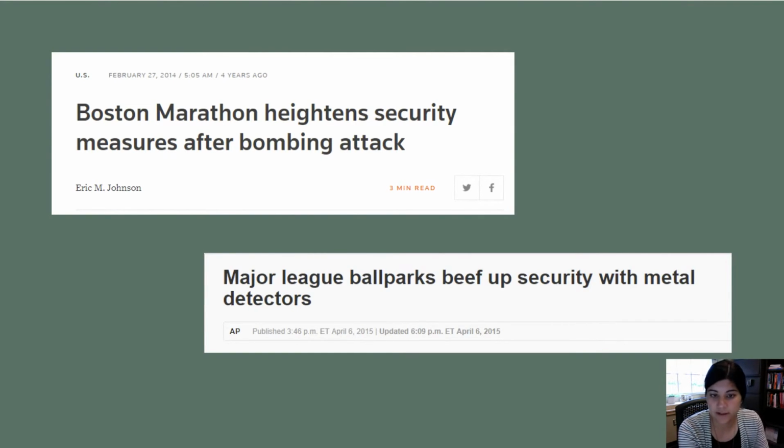Major League Baseball has also taken some steps to reduce risk related to terrorism, related to shootings. So now all Major League Baseball stadiums have metal detectors upon entry. So again, that's another example of, hey, we can't completely eliminate this risk, unfortunately, but we're going to take some steps to try to reduce it and try to minimize it.